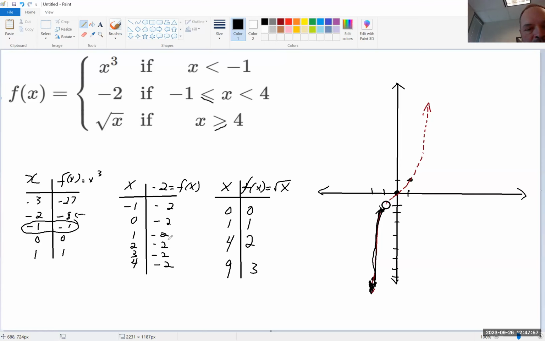Okay, then the rest is fairly easy to graph because it's from -1 to 4, and it's at a -2. So it's going to go something like 1, 2, 3, 4. It's going to just go this way.